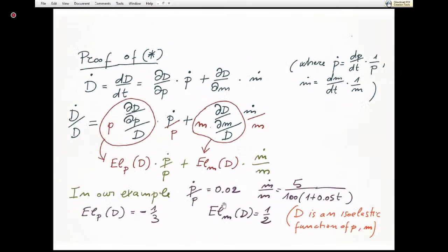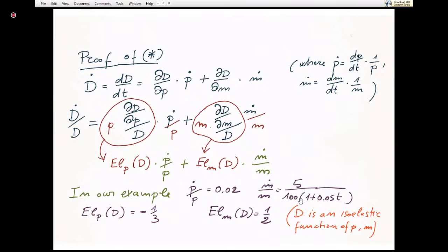So in our example, P prime over P is 0.02. M prime over M is what? M is a linear function of time. The intercept is 5. So M prime is 5. M dot is 5, over M, which is the income itself.